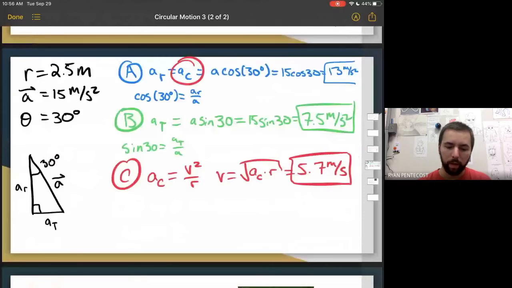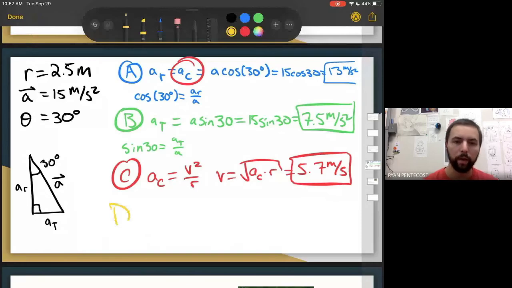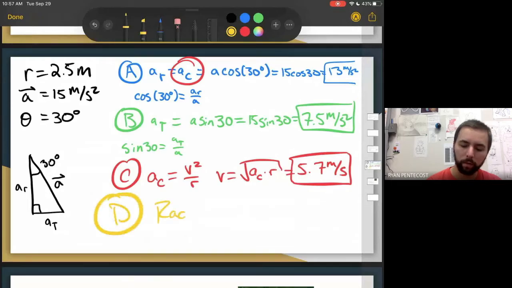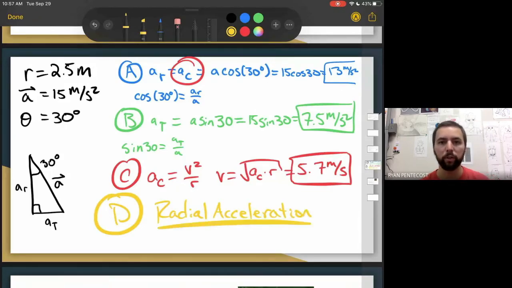Now, if we look at part D, that asks which acceleration leads to tangential velocity change. So this is kind of confusing, but radial acceleration is what we will use to find tangential velocity, right?